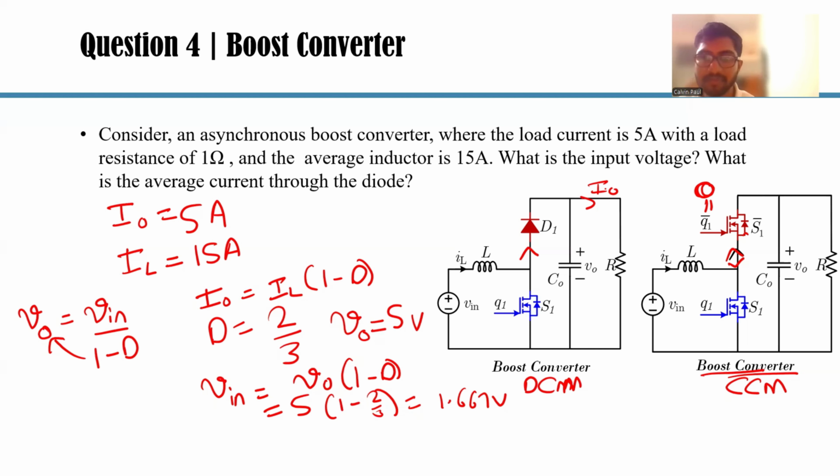I've twisted it a bit. I have not given the output voltage directly. I've given 5 ampere and load resistance, so from there you have to get your output voltage. Then inductor current is 15 ampere, so you need to know this expression, which is important. Then from there we got duty, and from the duty I got the input voltage.